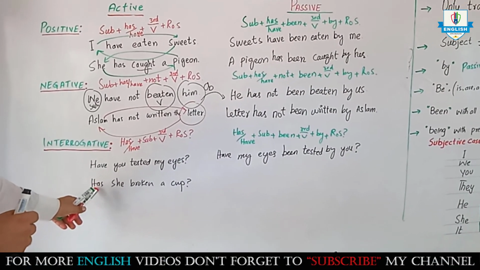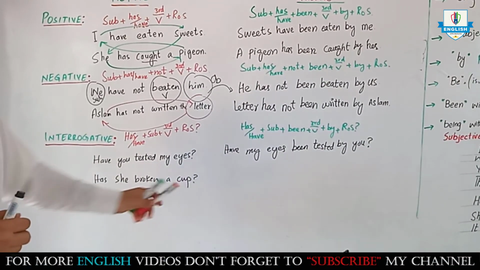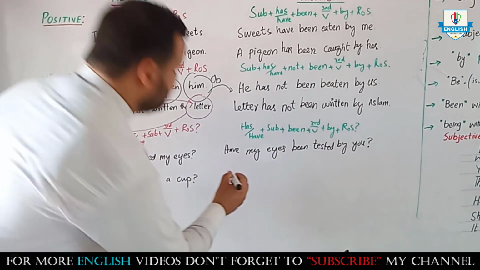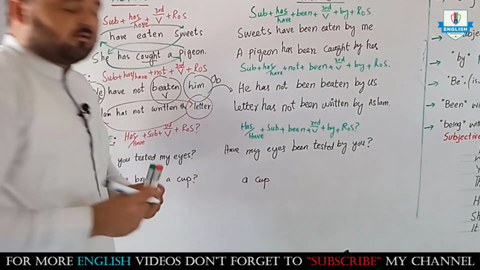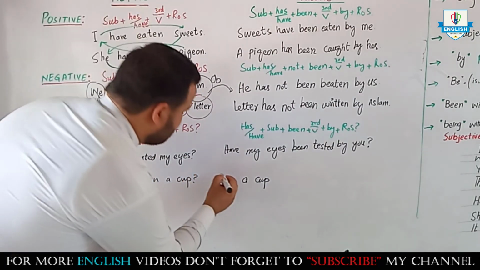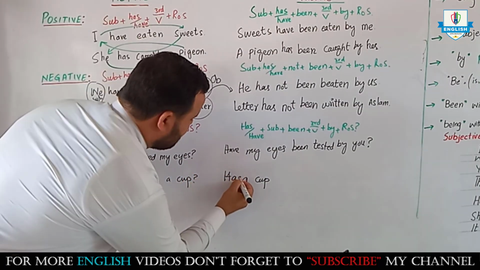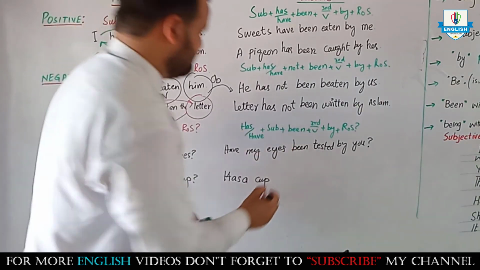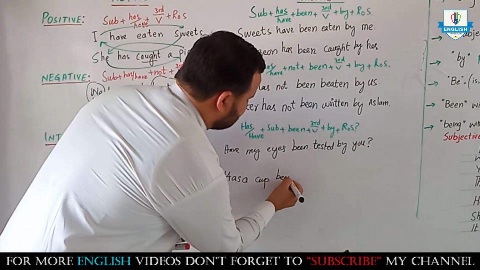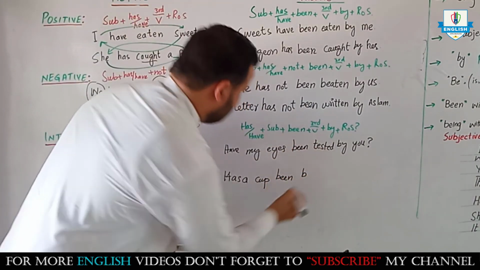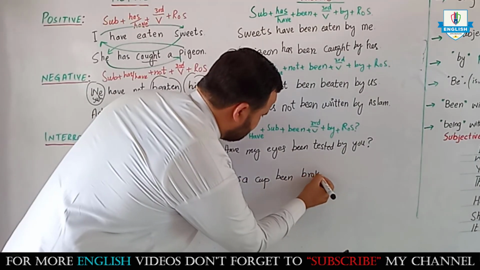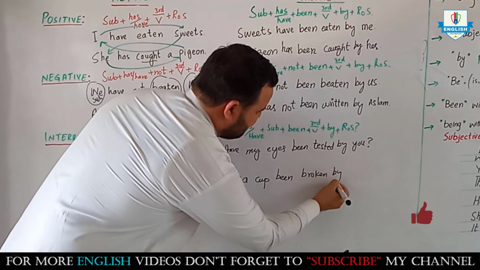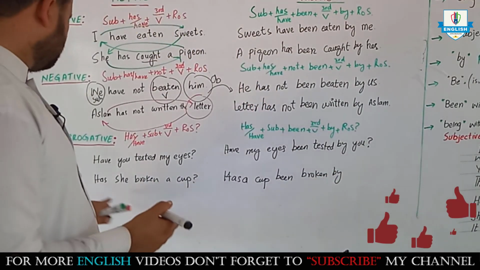Here we have, has she broken a cup? Got it? A cup. A cup is singular. We will put has. Has a cup been broken by passive agent?